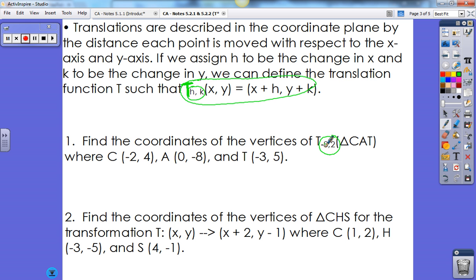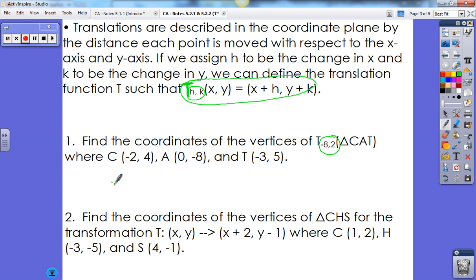So that means that I'm going to move 8 to the left and 2 up. My whole figure is going to move 8 to the left and 2 up. So each vertex, or each point that I'm given, C, A, and T, has to be moved 8 to the left and 2 up. So the x is going to change by -8, and the y is going to change by 2.